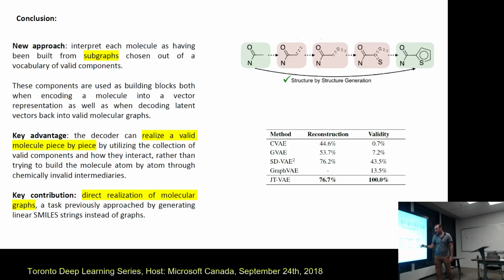When you compare the validity to other models that were developed before, you get a very good result. The main reason behind that is using the junction tree and also the method of combining substructures together, which has been very beneficial in this model.